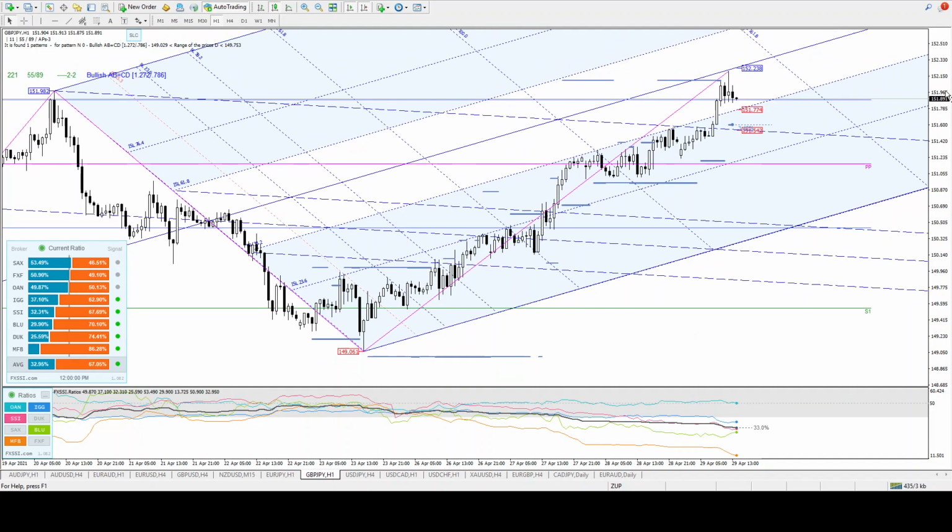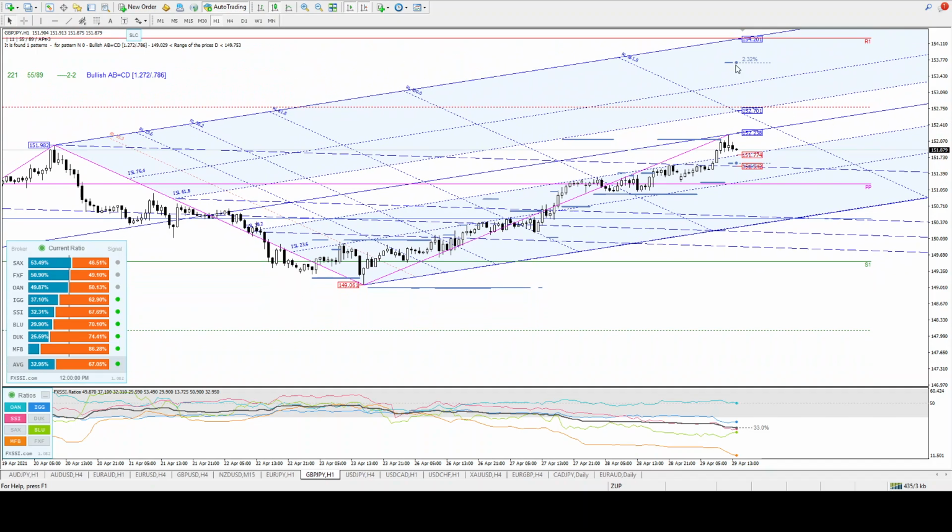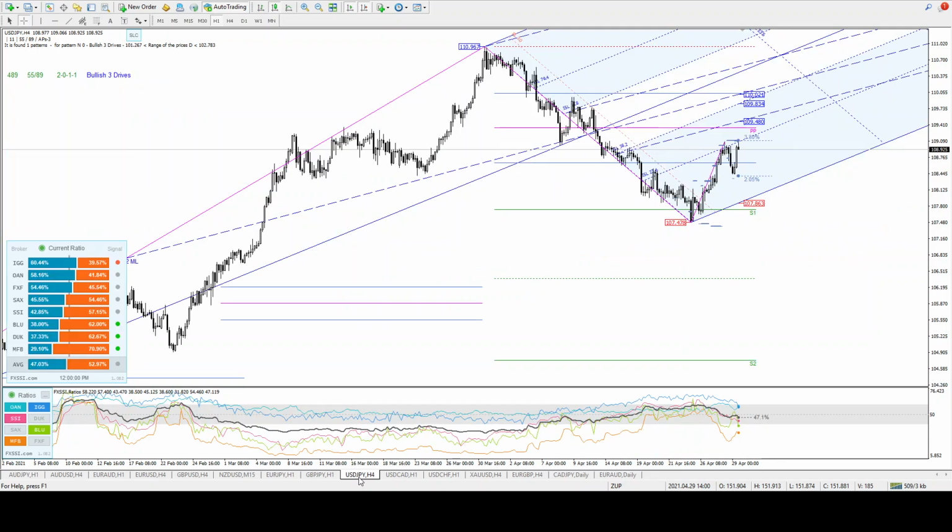Pound yen. There's your median pitchfork resistance at 152.23, and your SSC is, well, okay, it's far, at 153.69, and below 151.60. I'm just going to rush through these.